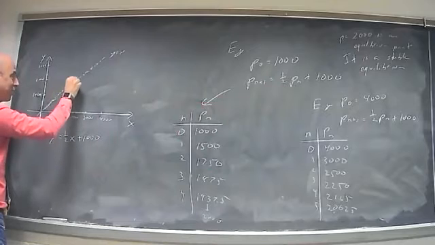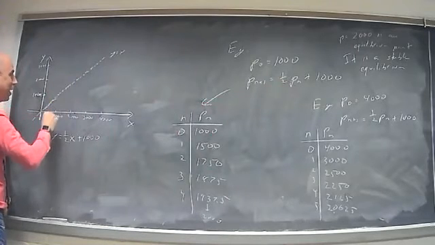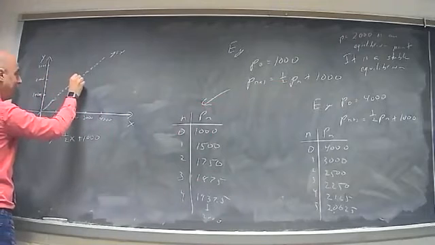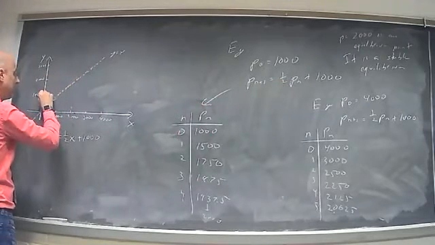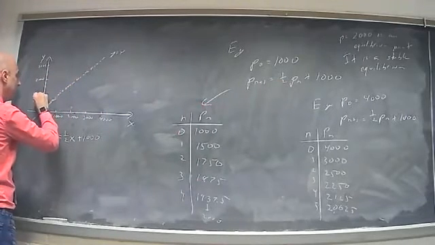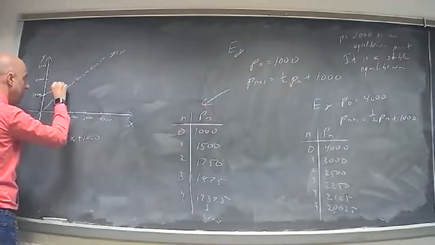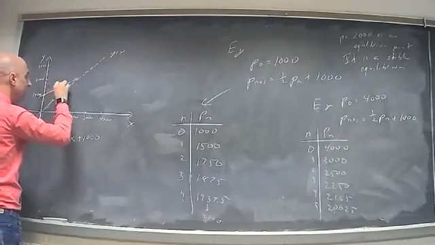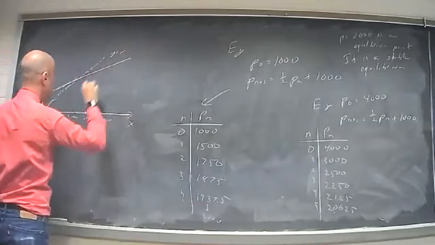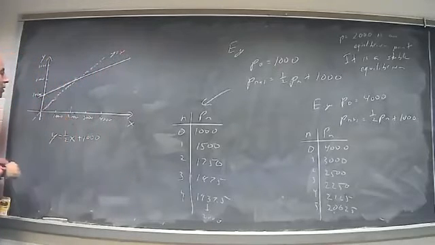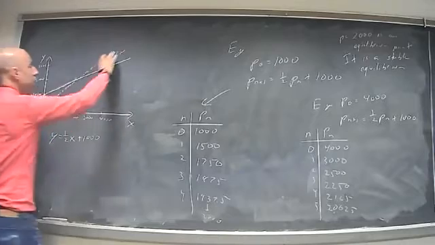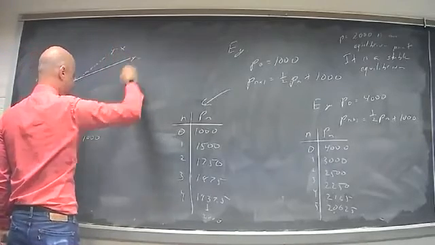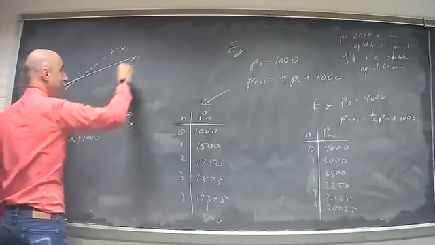You go over another 1,000, go up to 2,000 and so on. So let me do my best to sketch that. Here is y equals x, and here is y equals 1/2 x plus 1,000.